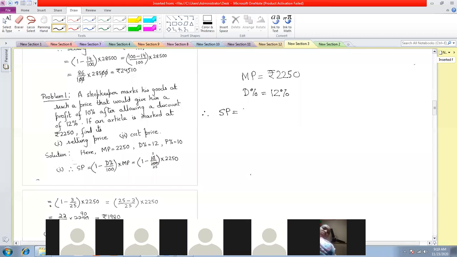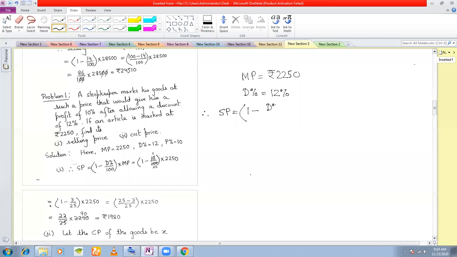Selling price is 1 minus percentage discount by 100 into mark price.